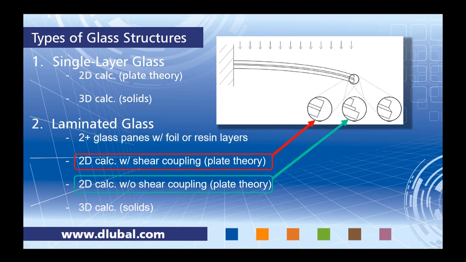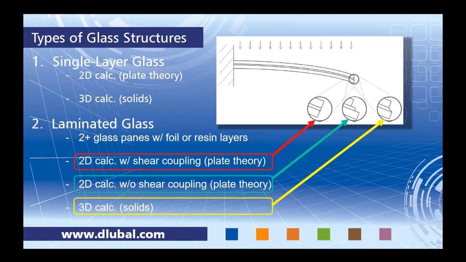The second option is a 2D calculation without shear coupling. Again, this is plate theory, 2D finite elements. As this picture shows us, we have absolutely no shear coupling behavior between any of the layers. So no relationship there between maybe our first layer, our foil, and our second layer. The third option, being the most accurate option, is a 3D calculation with solid elements.